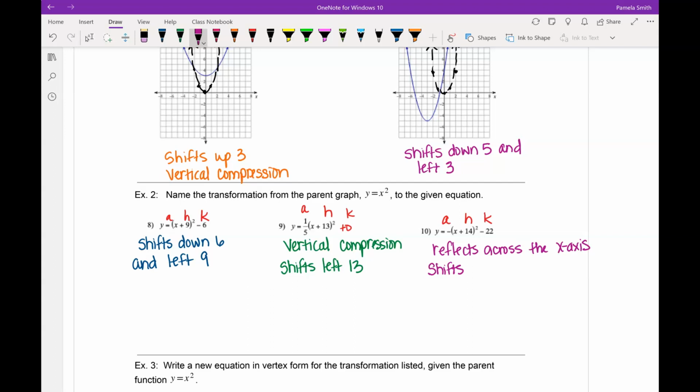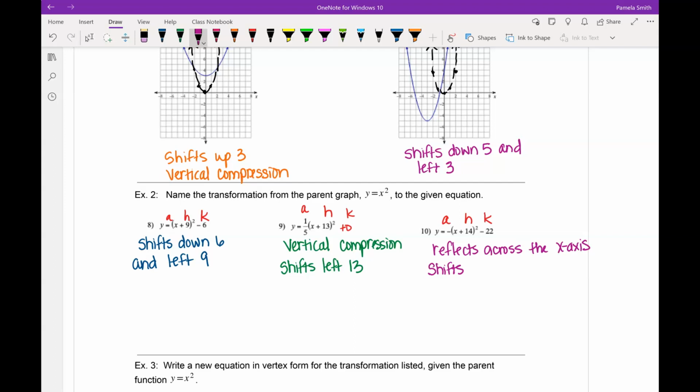If a is positive, it's opening the same direction and you don't have a reflection, you just have a shift. Oh wait, I'm sorry, I thought it was... Yeah, we have to think about that negative outside as really representing -1 times.